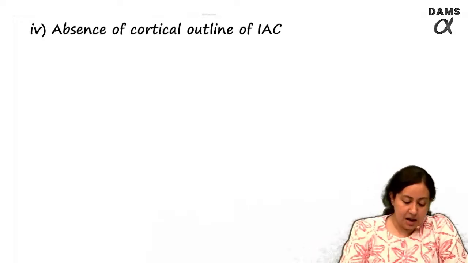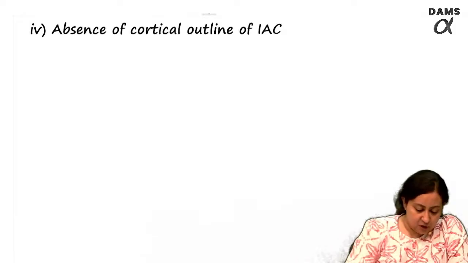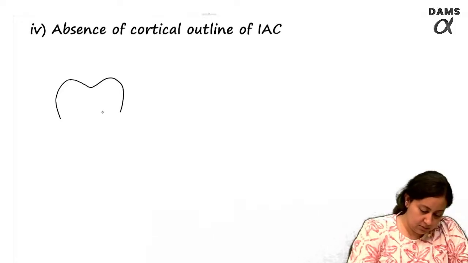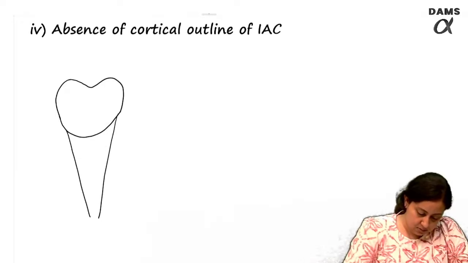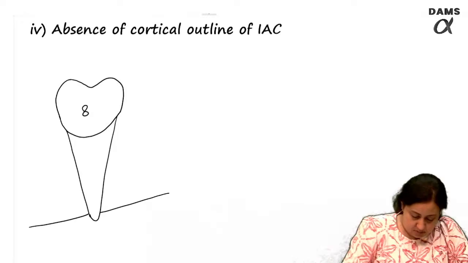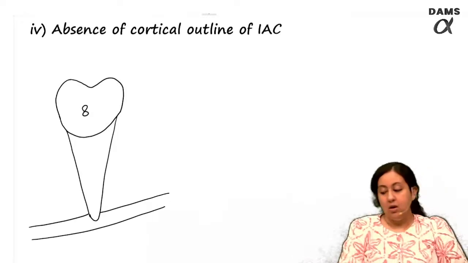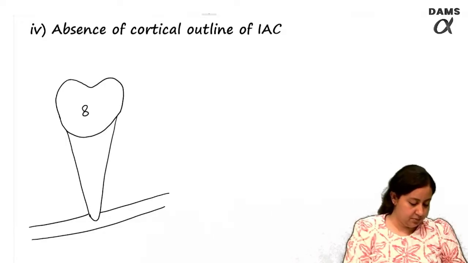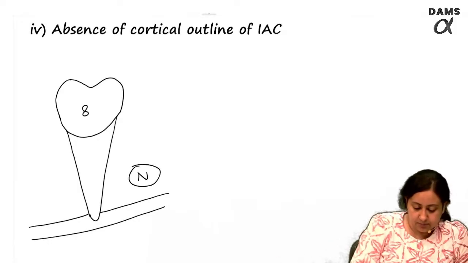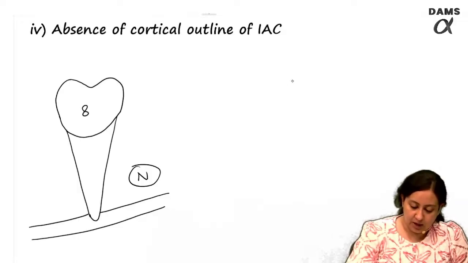Now the fourth criteria is absence of cortical outline of the inferior alveolar canal. First, let's see what is normal. This is your normal picture. Now what is absence of cortical outline?